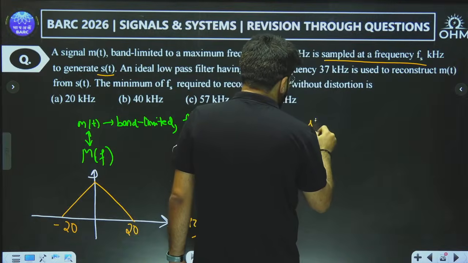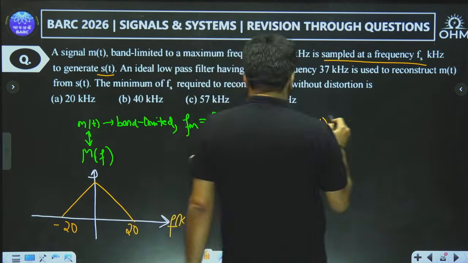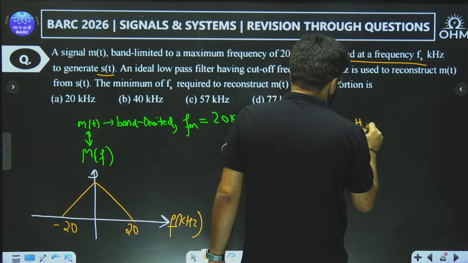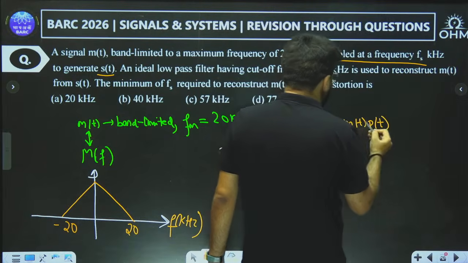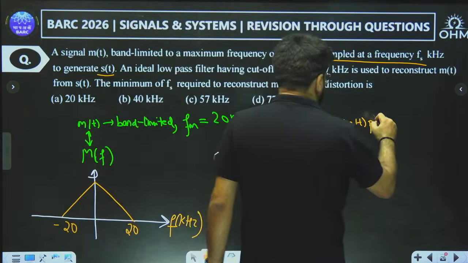How do you sample? Multiply the given signal m(t) by the periodic impulse train p(t).